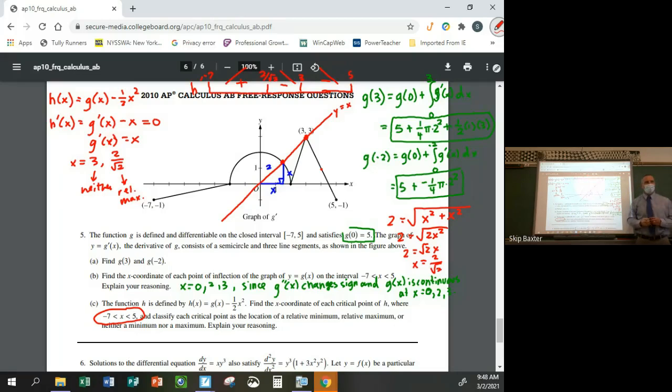Does that make sense? My first instinct here was to do the second derivative test. So does anybody remember how to do the second derivative test? We just did the first derivative test on H prime. Does anybody remember what the second derivative test is and how it works?